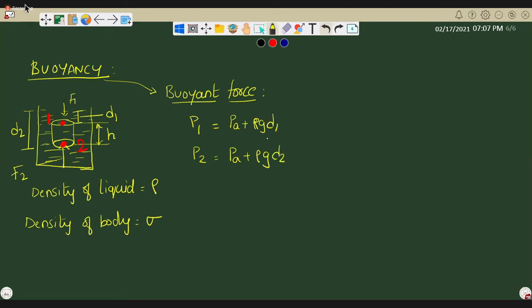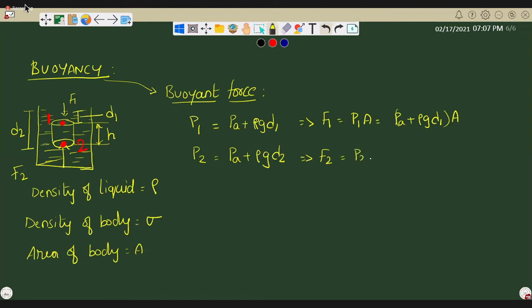Correct? Now I'm going to assume the area to be A. If this is your pressure, what is the force exerted there? P1 into area. So F1 will be P atm A plus rho g D1 into area.